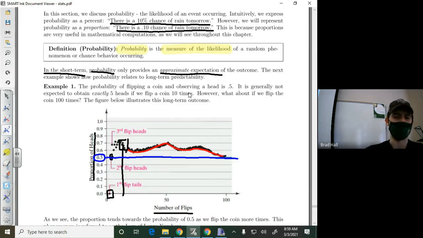In the long term, if you were to repeat this experiment a bunch of times, generally speaking, your proportions will approach the stated probability. So in other words, short-term probability is only an approximation. Long-term probability or long-term experimentation or trials will converge or get really, really close to that proportion.